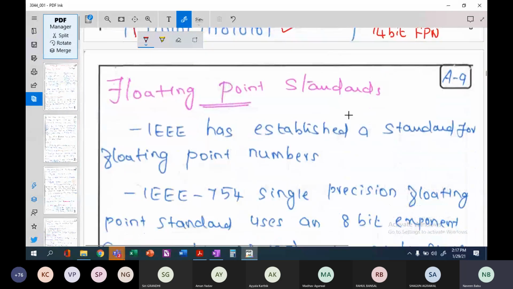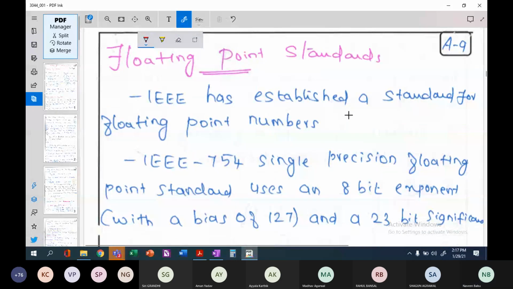Then IEEE, a standards organization which takes care of multiple standards, proposed two standards in fact. The objective of IEEE is to create standards in the engineering sector.